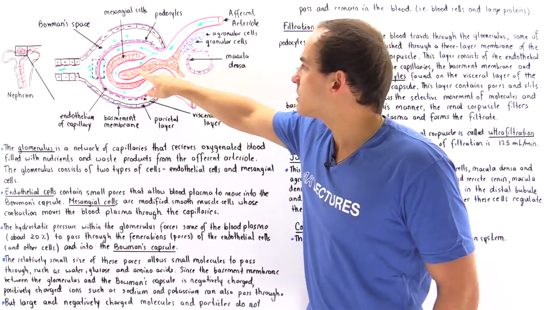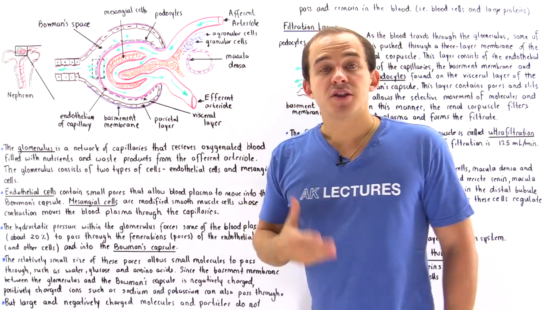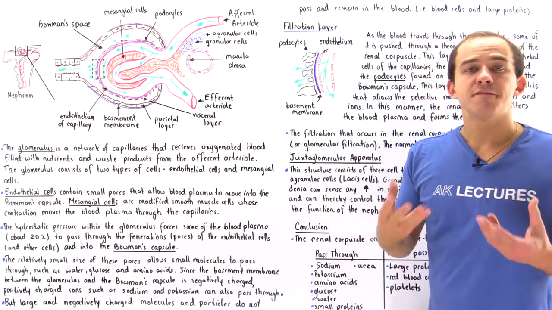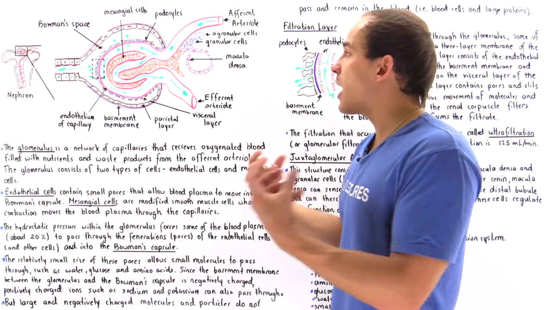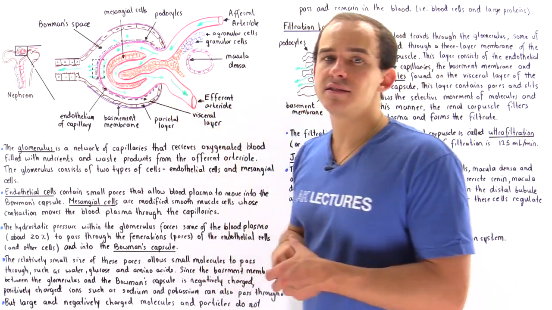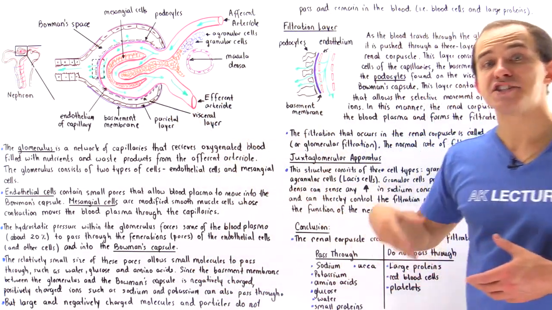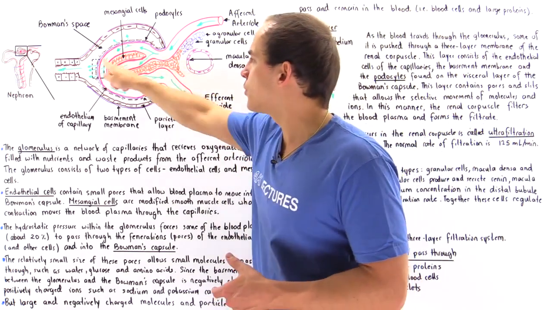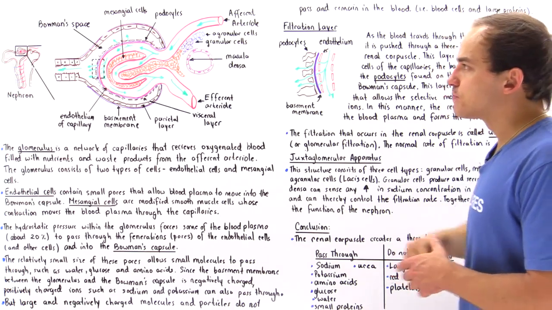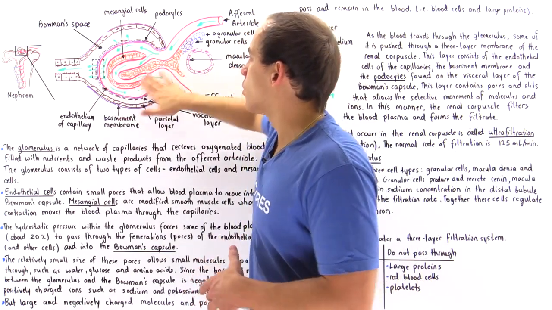And the mesangial cells are shown in orange. The mesangial cells are modified smooth muscle cells that are responsible for contracting our blood vessels inside our glomerulus. And that speeds up or slows down the movement of the blood plasma through our glomerulus. So this is our glomerulus.